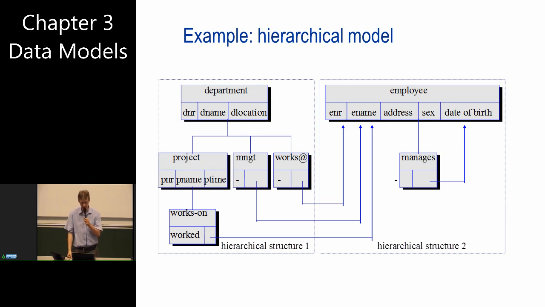Employee also has a manages virtual child, which contains references to employee itself. This is to model the hierarchical responsibilities of employees and to see what employee is managing what other employee.